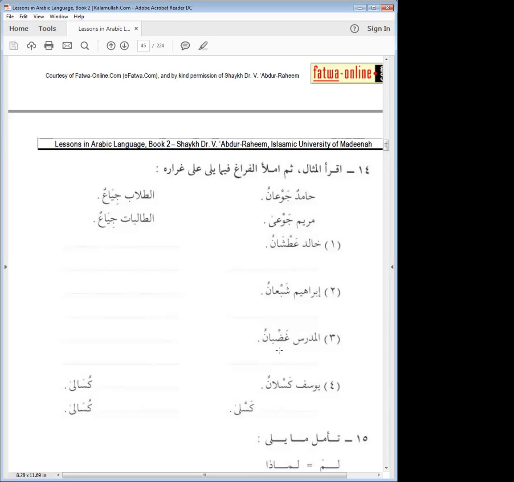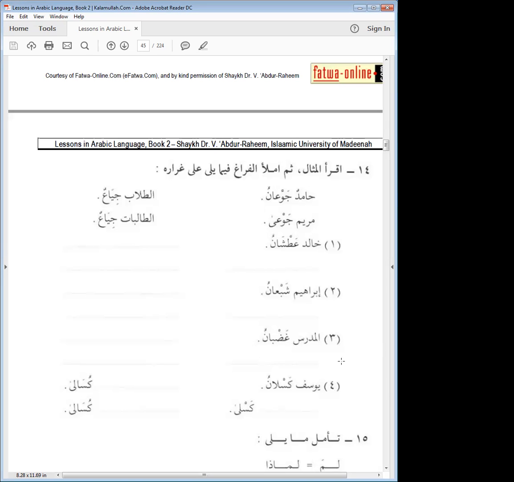So you put the ba with tanween dhamma. So it's غضاب, المدرسون غضاب, المدرسات غضاب. Same thing, right? Plural masculine and feminine are the same.